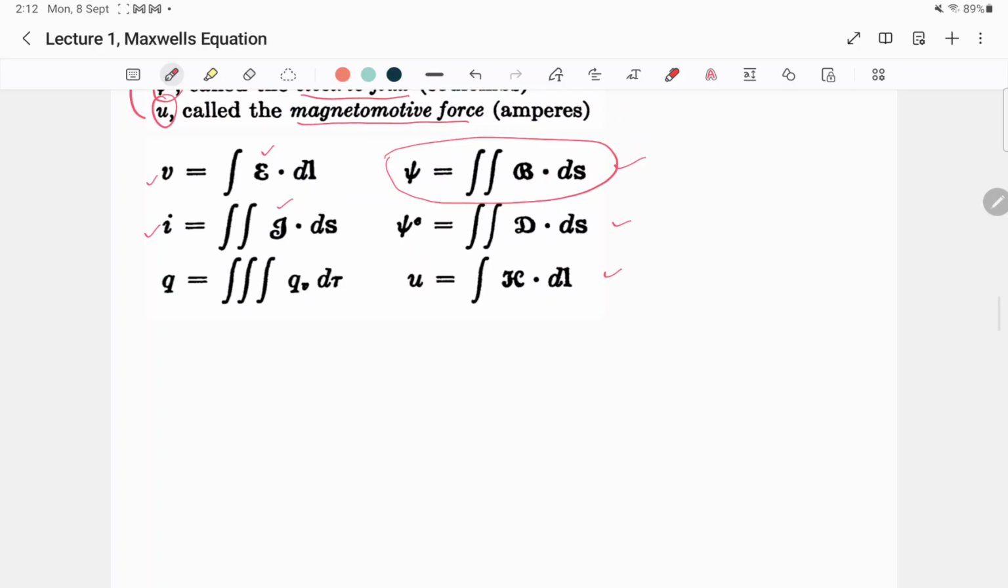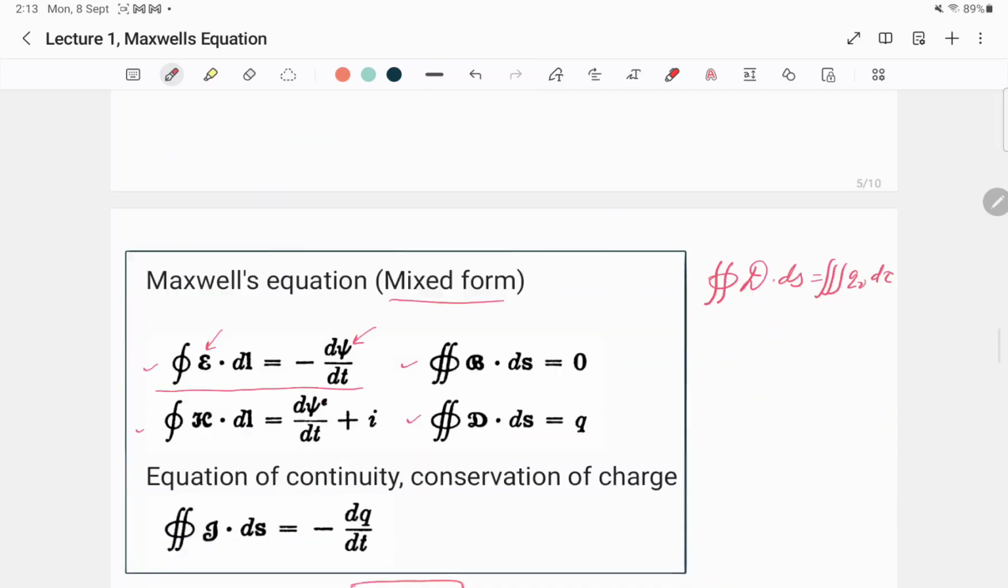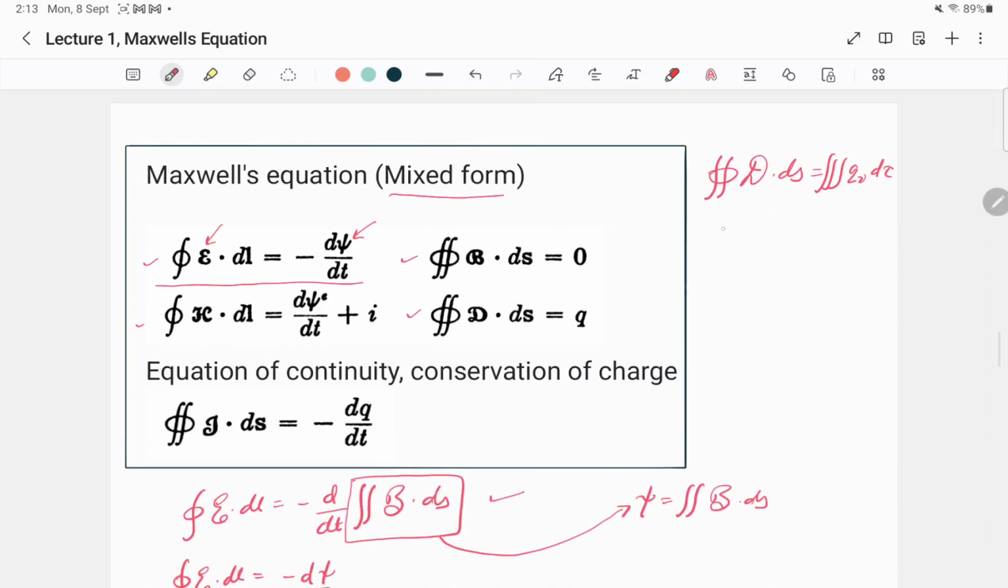Alright, and now if you see this particular equation, q is the total charge, which is the triple volume integration of the electric charge density qv d tau.